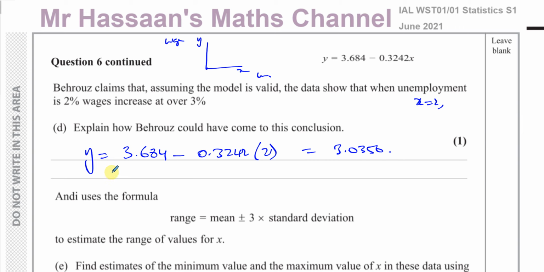Okay, so Behrouz used the regression line formula to come to this conclusion, that when the unemployment rate is 2%, the wages increase by over 3%. That's what this equation tells us. So that's how Behrouz could have come to this conclusion.